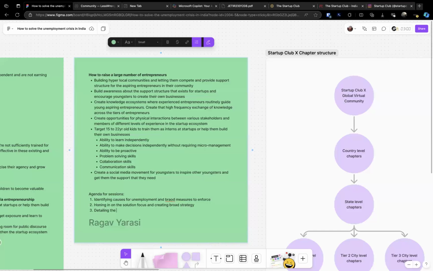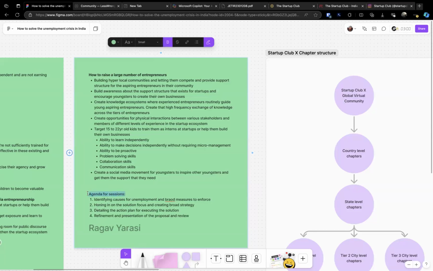Detailing the action plan for executing the solution, refinement and presentation of the proposal, and review. So these are the broad agendas of each of the sessions. We've completed a couple of sessions right now, so next session we'll start detailing the action plan for executing the solution.